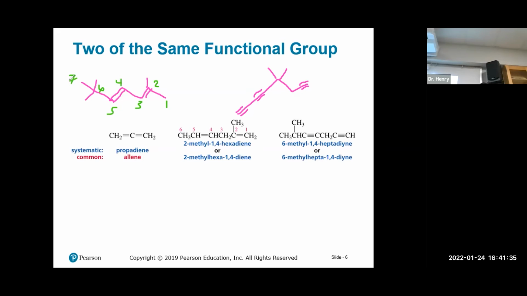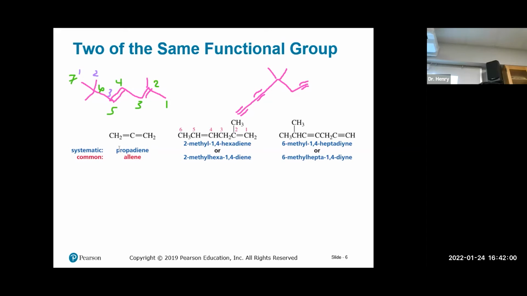Right? Again, we want to give the lowest numbers possible to our double bonds, right? So this will give us 2 if we started from the other way. Let's put the numbers up so you'll see it. So that's 1, 2, 3, right? So 2 versus 3.